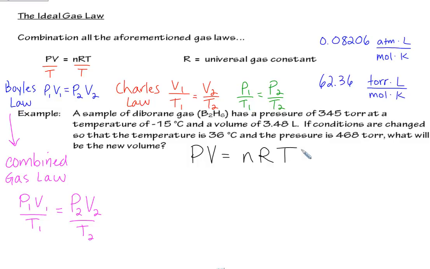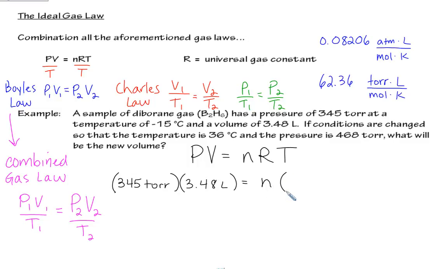Here's my initial conditions. P, pressure, 345 torr. Volume, the initial volume, 3.48 liters. We don't know the amount of moles, but we could calculate moles.